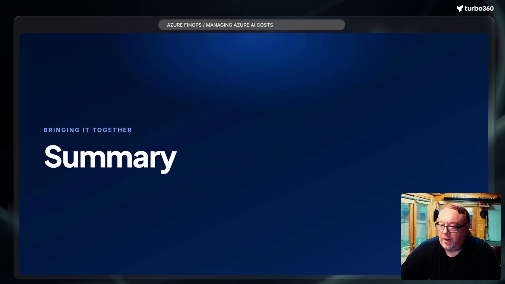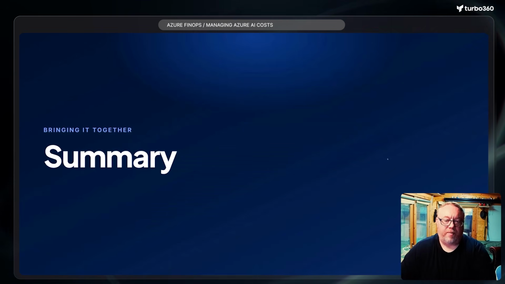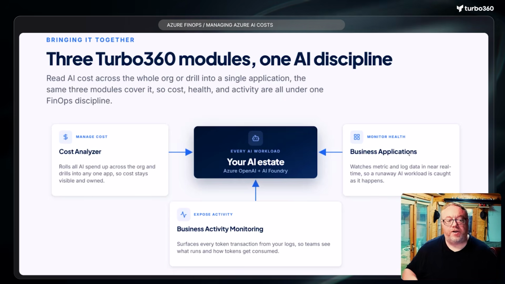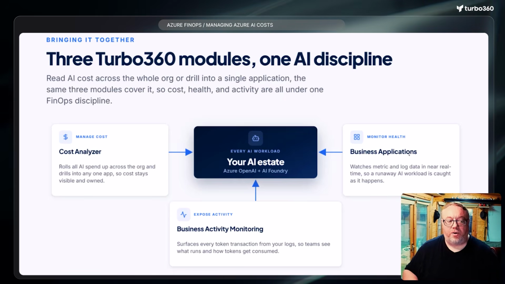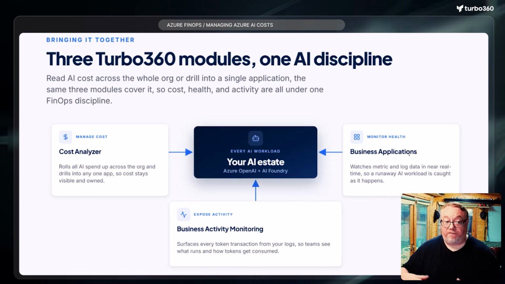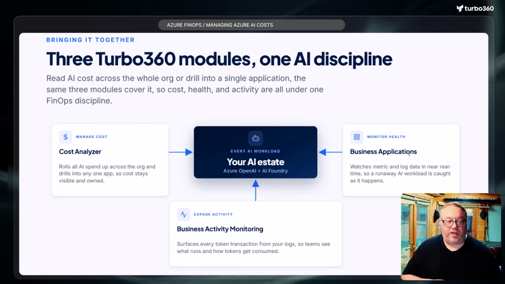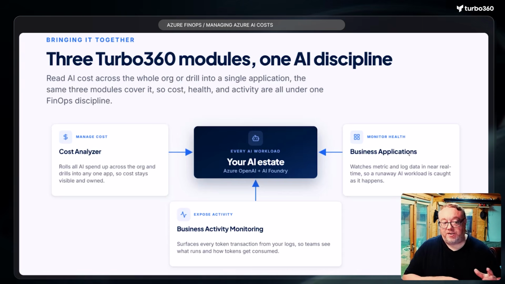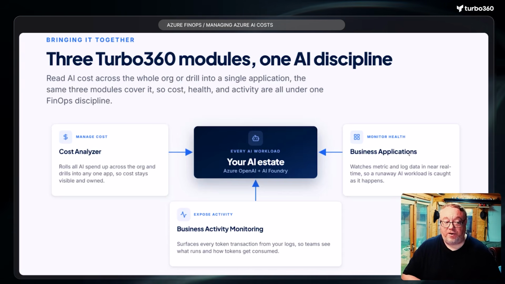So I think you can go much lower as you dig into those logs, which will help people as well. If we start wrapping things up and bringing it together, the key thing for Turbo 360 is that the three modules can work together on your AI estate as part of your bigger Azure environment. We can use Cost Analyzer to visualize, monitor, and manage our cost, in both this horizontal and vertical view.